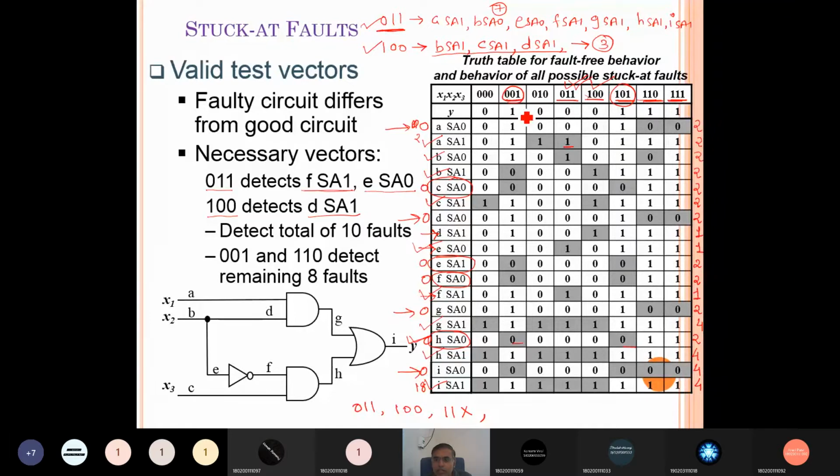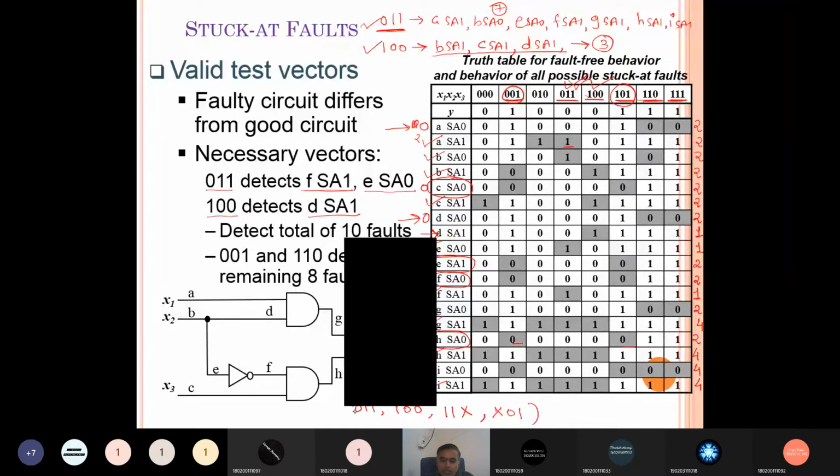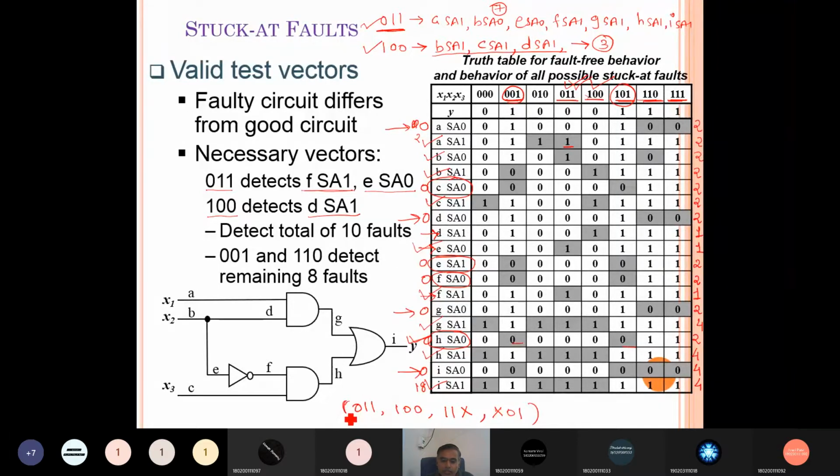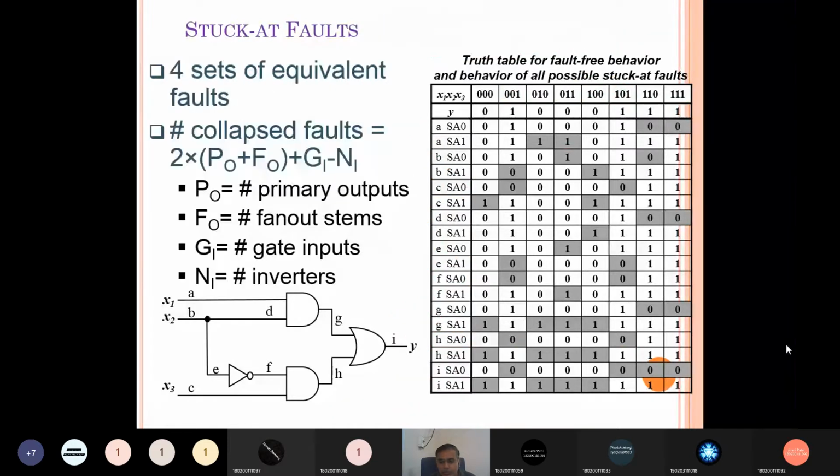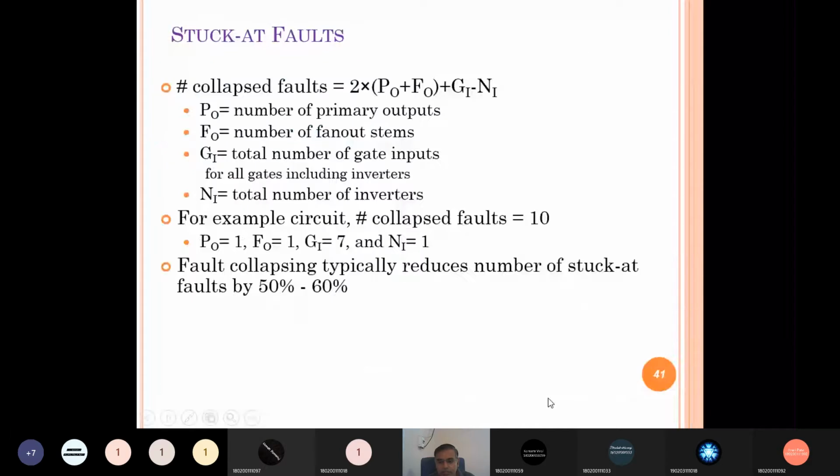And similarly for this, we can use either 011 or 100. Any one of them can detect the remaining 4 undetected faults. So we can make it x, 0 and 1. So this is the test pattern required to detect all 18 faults. Is it clear?